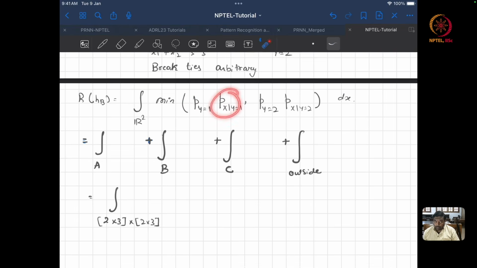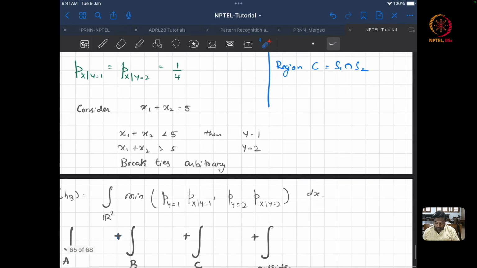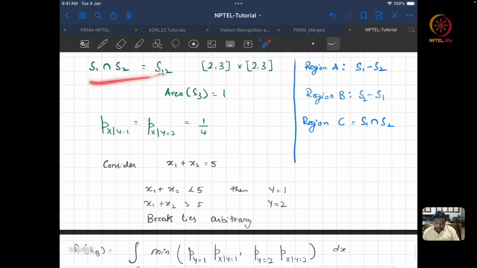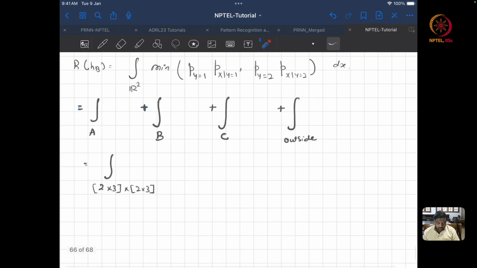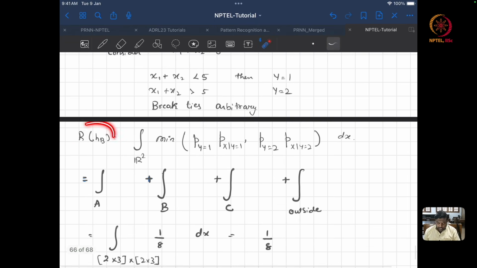This is 1/4. For any point in this region, both the class conditionals will have the value 1/4 by 4. And therefore, the minimum of them will be 1/8 dx. This will be 1/8. Now the optimal risk that you have is 1/8.